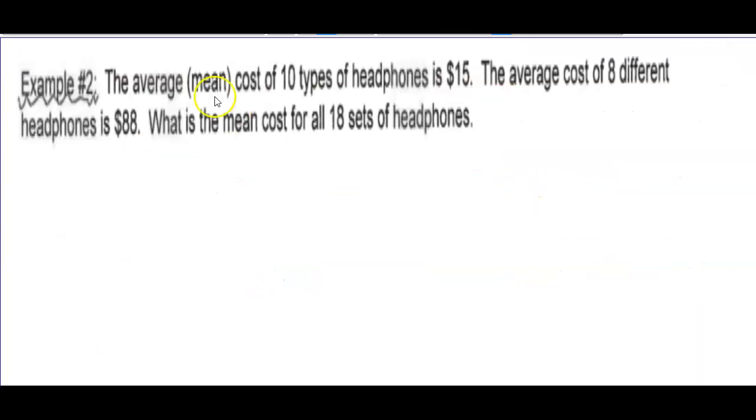Okay. Example 2 says the average or mean cost of 10 types of headphones is 15. So we had 10 different kinds of headphones and we averaged them. We took the total and divided by 10, and we got an average of $15.